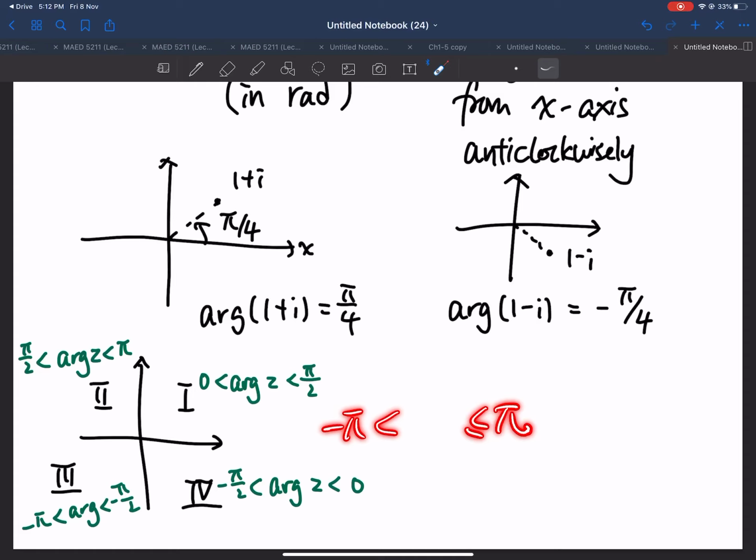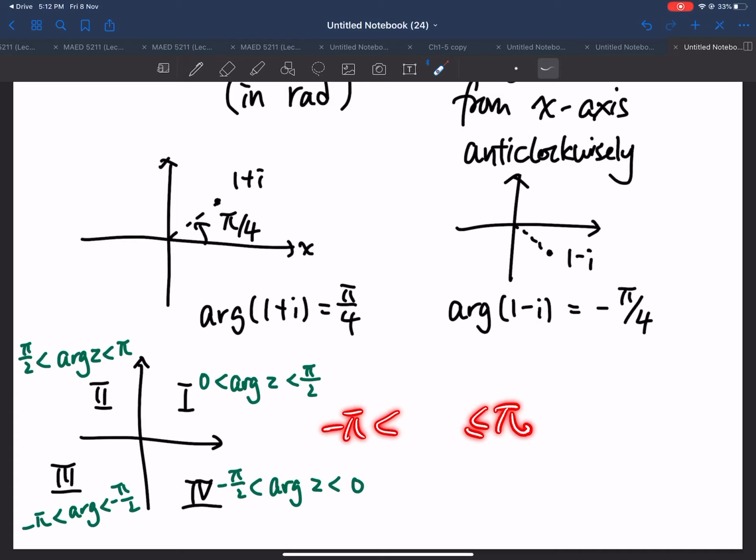Does that mean in our answers we have to use negative pi? Yes. I can't see it. It's not bright. Sectors 1 and 2 use positive angle.